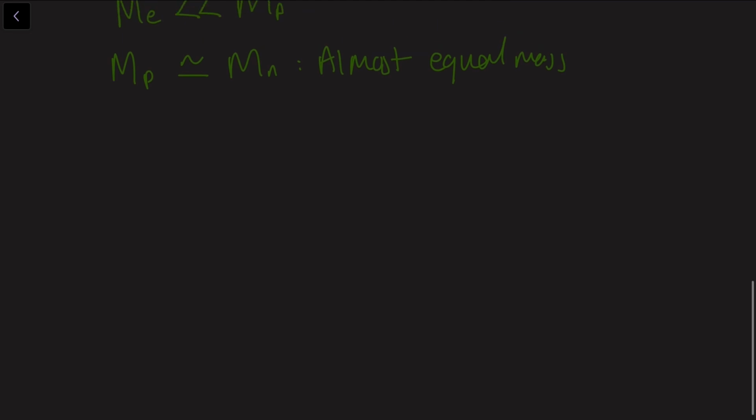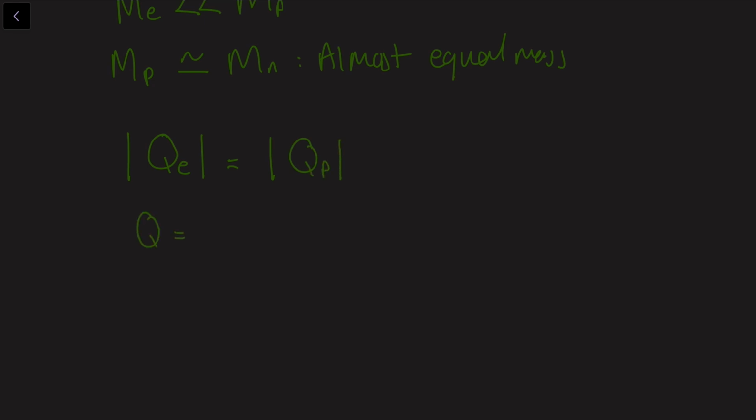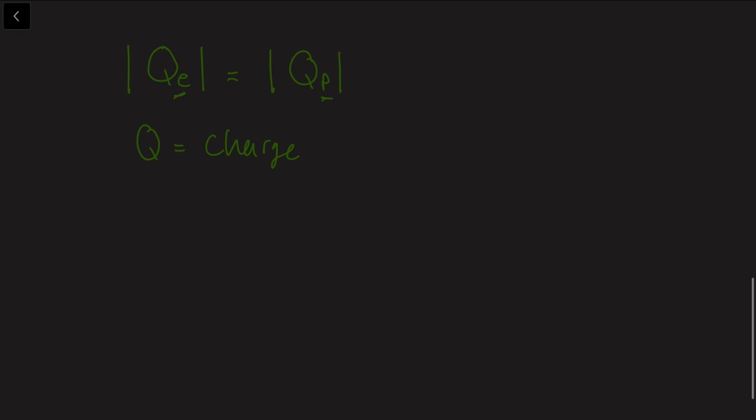And the electron has equal and opposite charge to the proton. So you can say that the magnitude of the charge of the electron is equal to the charge of the proton. So Q just means charge, and the little subscript here means electron or proton. Just to clarify if you're getting confused, magnitude equals these lines, and whatever's in between is the quantity.